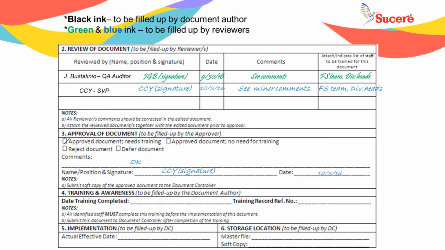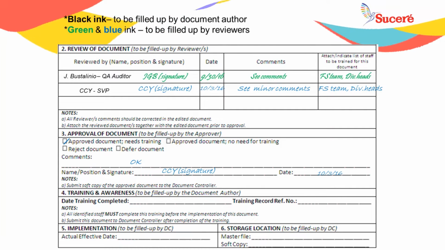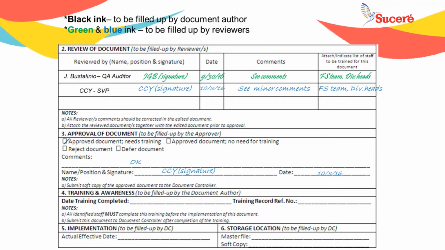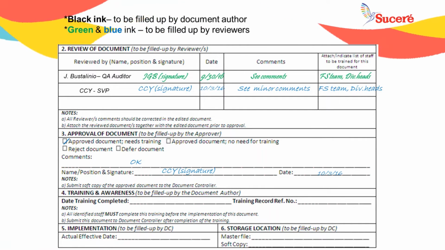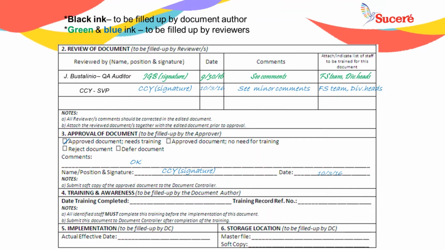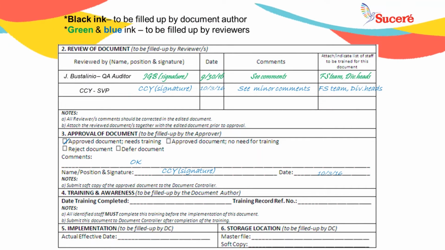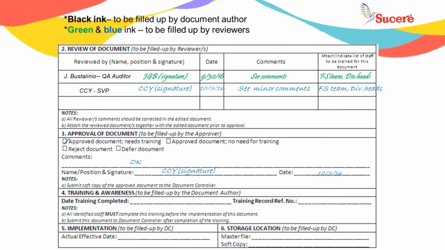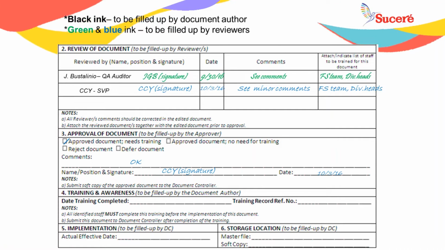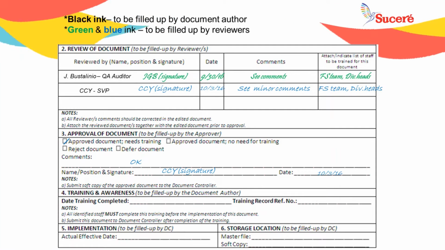He or she can also put "see comments" if he or she has comments. So that is the purpose of the draft of the document, so that the document reviewer can easily communicate his suggestions or comments or edits to the document author. He or she should also put in the date of review.